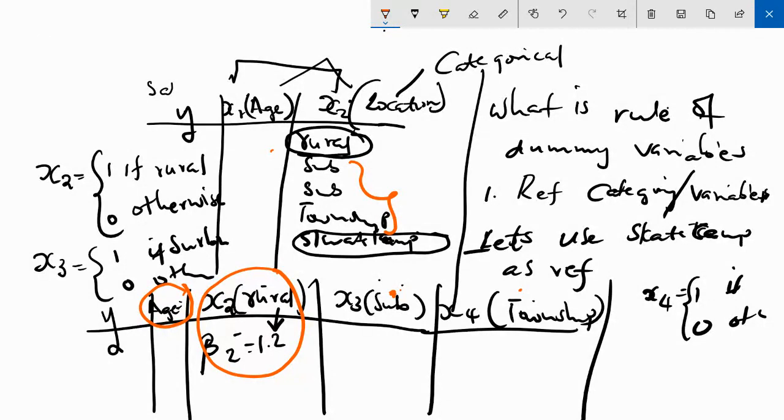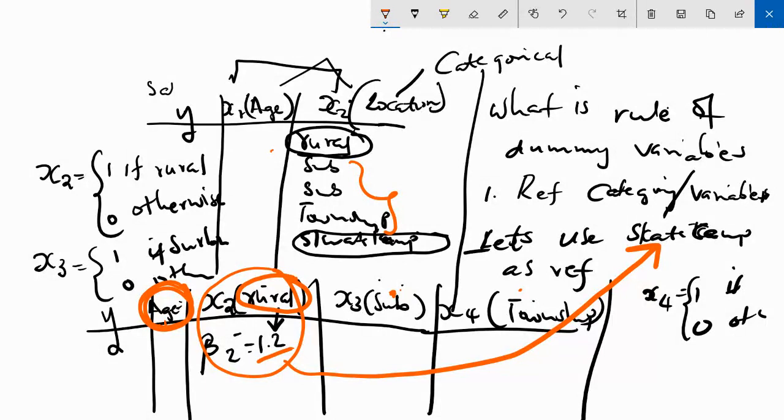So you will say, holding constant the effect of age, a house that you want to buy located in a rural area is expected to cost this much compared to a house from a squatter camp.